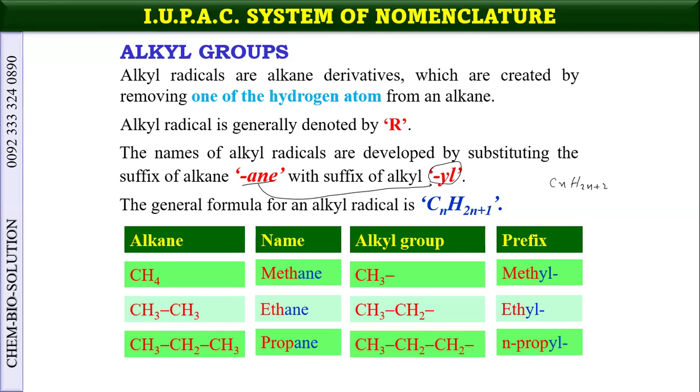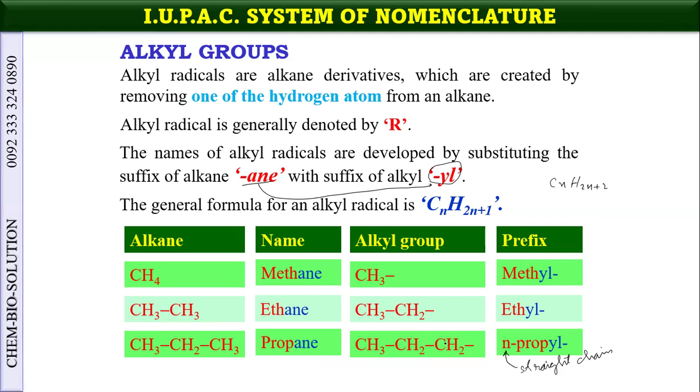So this is n-propyl. This n stands for straight chain, no branch. n actually means normal. Normal means straight chain. We consider that this is in a continuous chain.